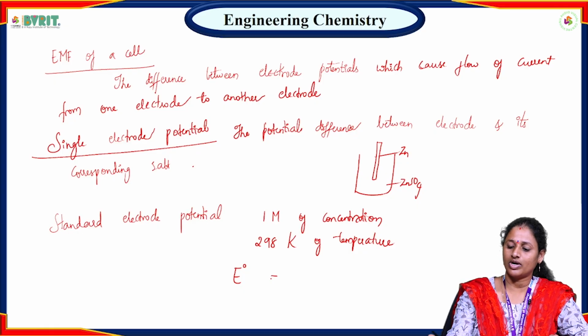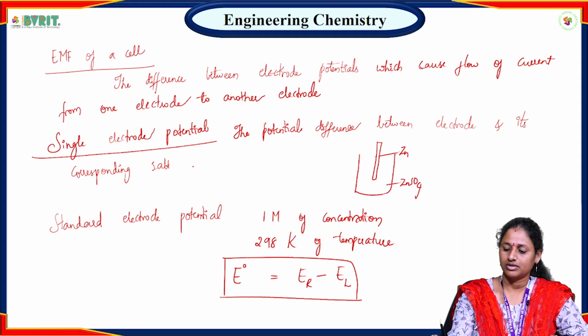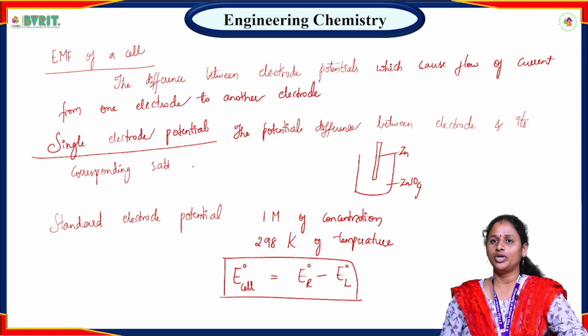So E naught is equal to E R minus E L. E cell is equal to E naught R minus E naught L.